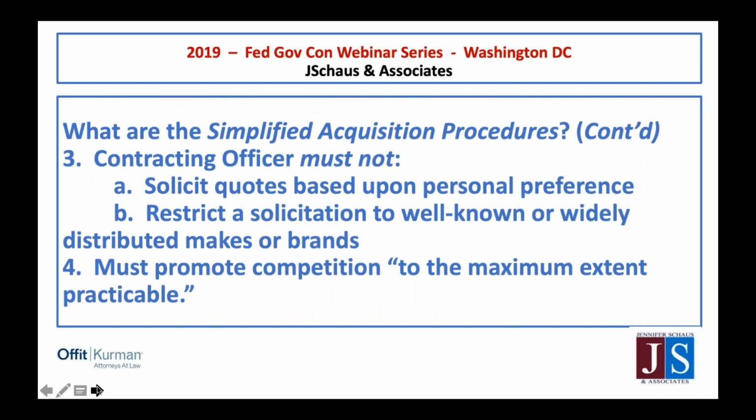What must a contracting officer not do as part of using the Simplified Acquisition Procedure process? It can't solicit quotes based upon his or her own personal preference. If the contracting officer likes a particular good, Bounty paper towels, for example, it cannot limit a solicitation to that.